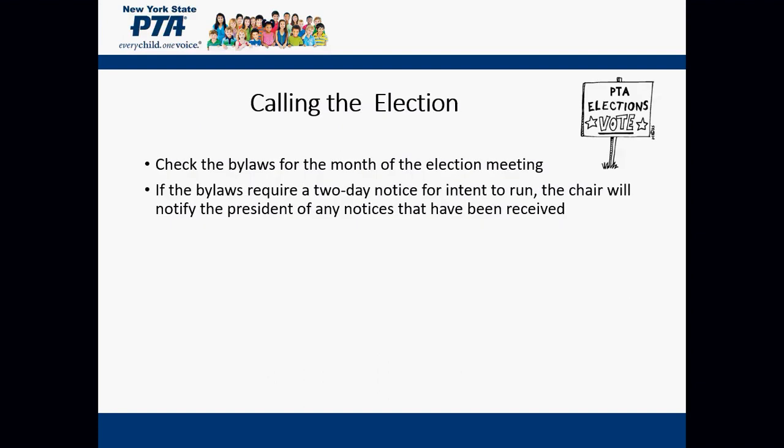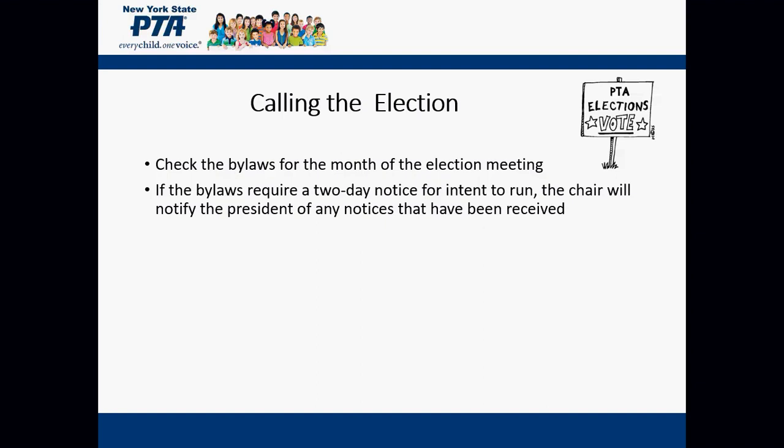So now the nominating committee has done their job, and what happens next is you come to the election meeting. The bylaws will tell you the month that the election meeting is held, either March, April, May, or June. They will also let you know if there's a clause that requires a 2-day notice of intent to run, and if so, the chair will notify the president of that.